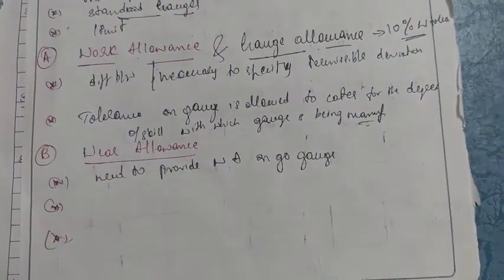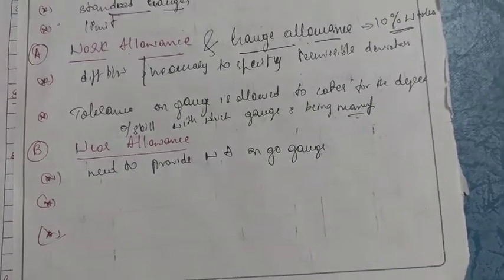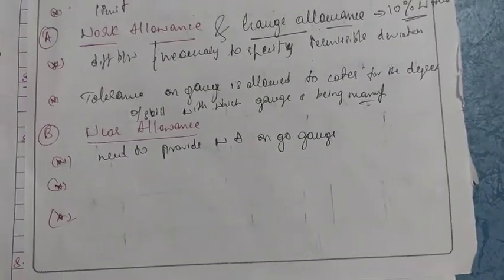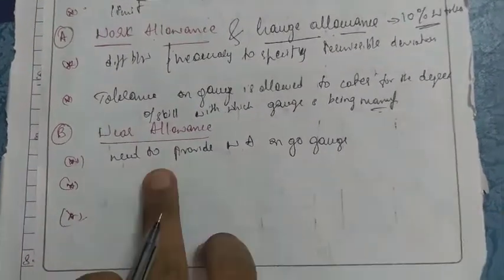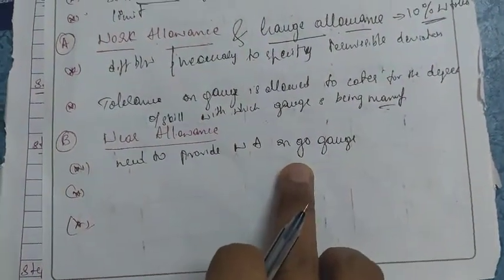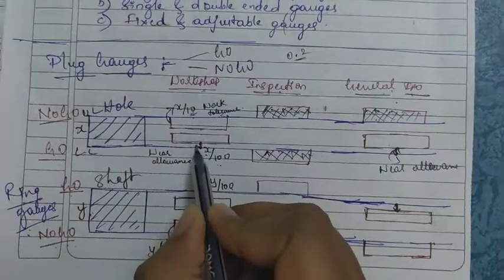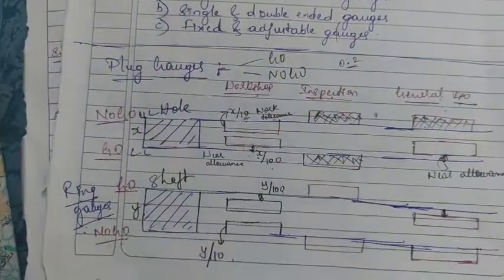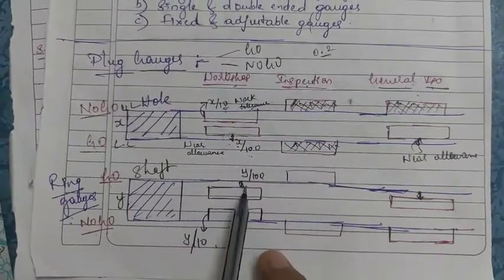It continuously rubs over the surface of the job, nothing but the workpiece to be inspected, which leads to wear of the go gauge surface and reduction in the initial size. So for that reason we need to provide a wear allowance on the go gauge. See here, we allow the wear allowance on the go gauge side. Wherever the go gauge side is, we leave the wear allowance.